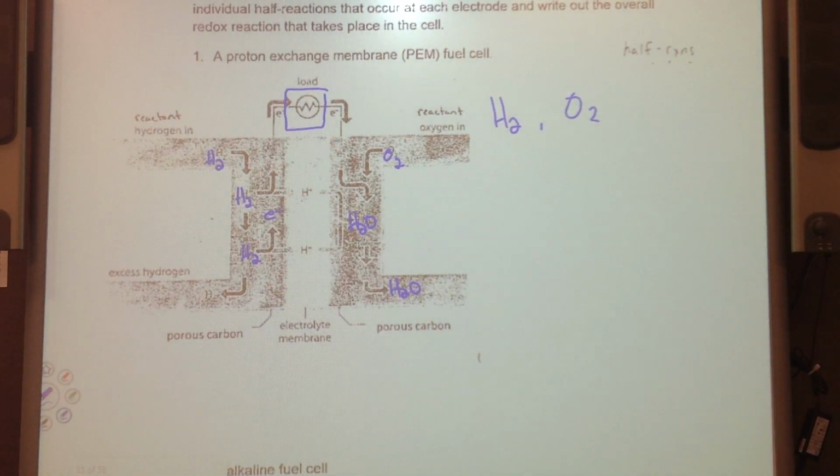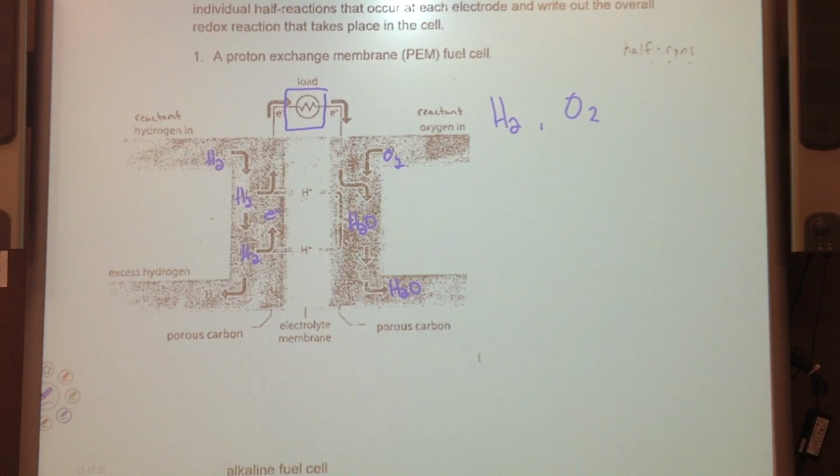Hydrogen's at 0, and oh, I see it. Oxygen's at plus 1.23.